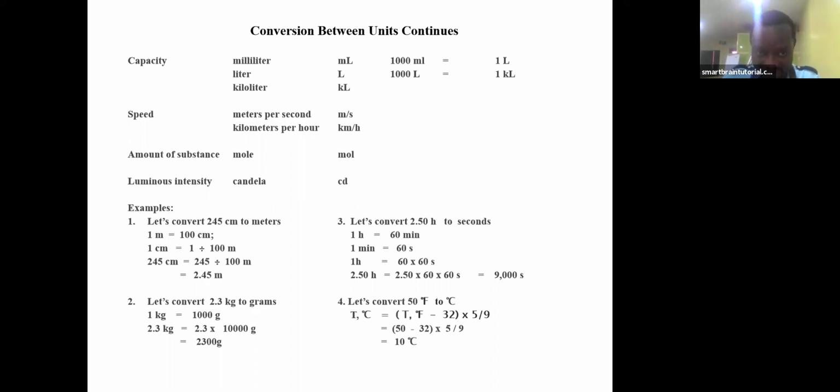Now, we will look at some examples of how to convert from one form to another.